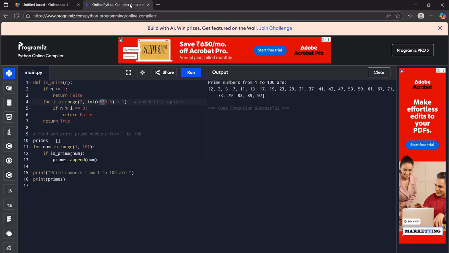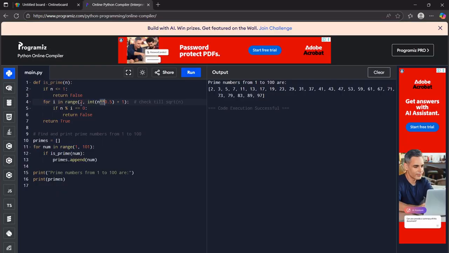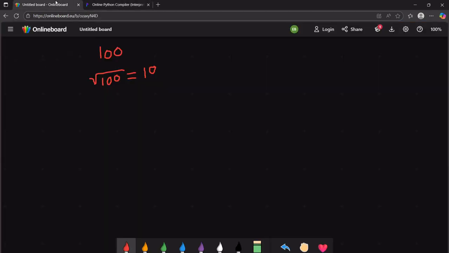As you see in our code, our range is from 2 to square root of n plus 1. In this case, the square root of 100 is 10, plus 1 is 11. So the values for this range will be from 2 to 10.